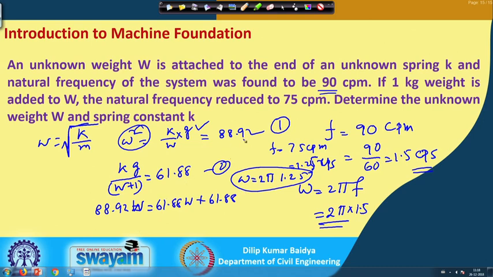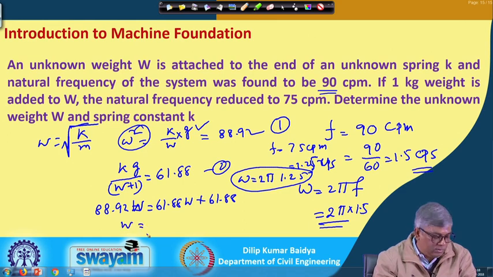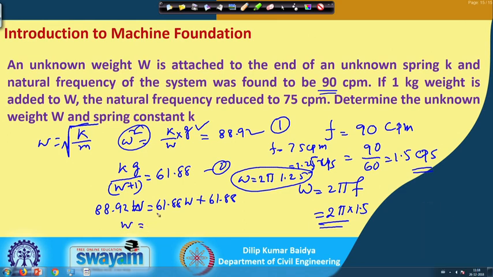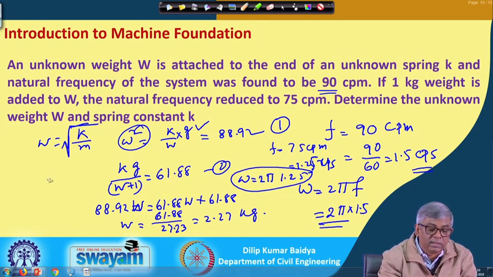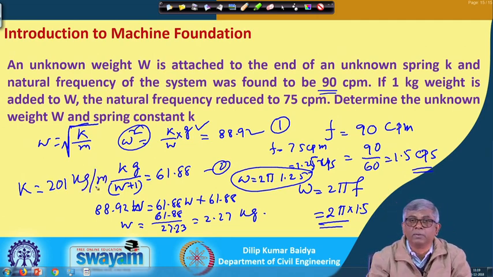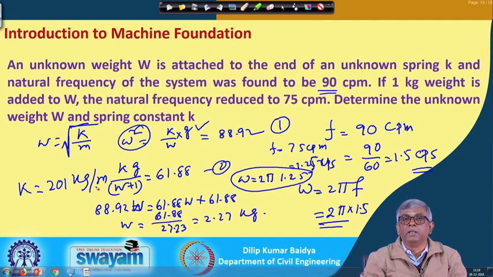Simplifying, I get 27.04 W equal to 61.88, so W equal to 61.88 divided by 27.23, that will give you 2.27 kg. And if I put W equal to 2.27 kg, then I will get K equal to 201 kg per meter.